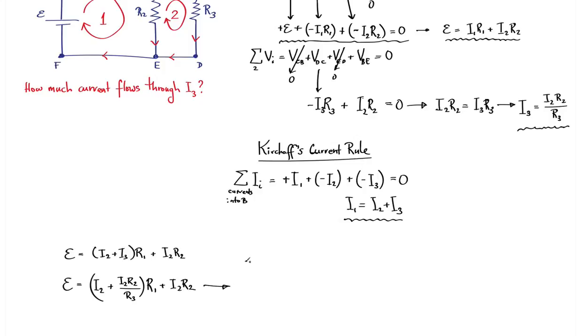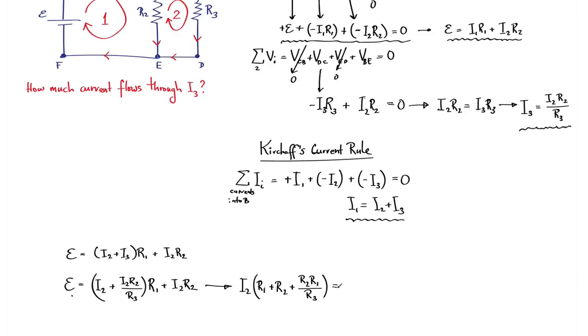So I can group things now. If I factor out all the I2s, there's an I2 on each one of these terms, I'll get something that looks like this, right? The first one has just an R1. There's also the R2 from this one here. And then this term here has an R2 R1 over R3.